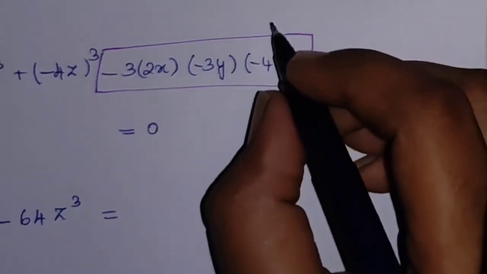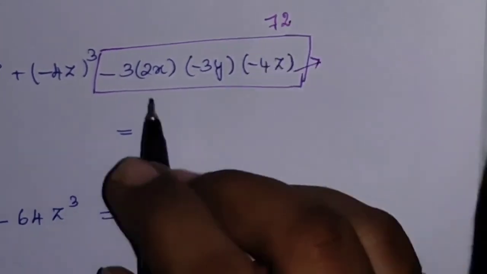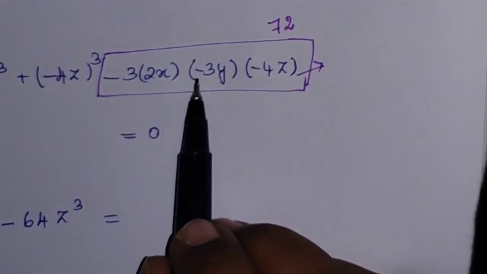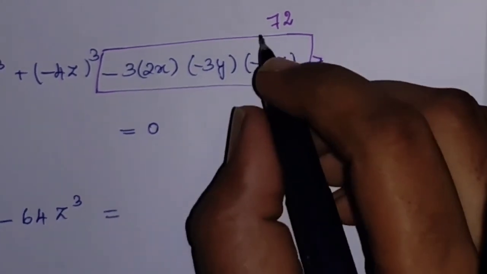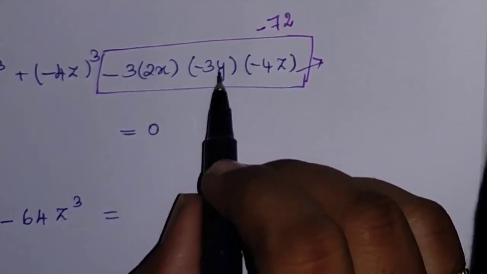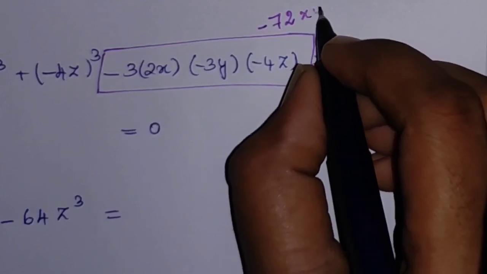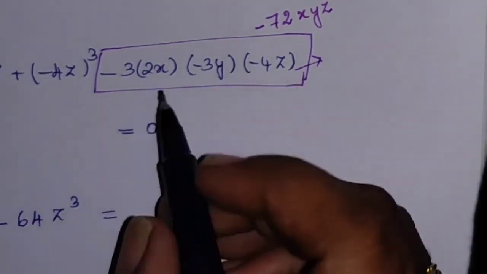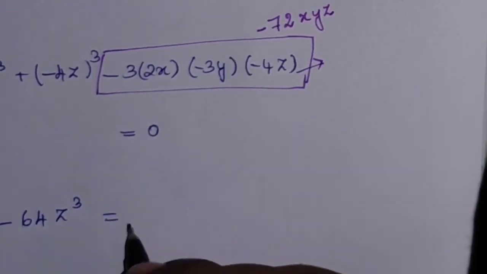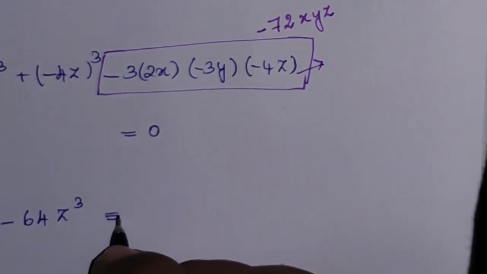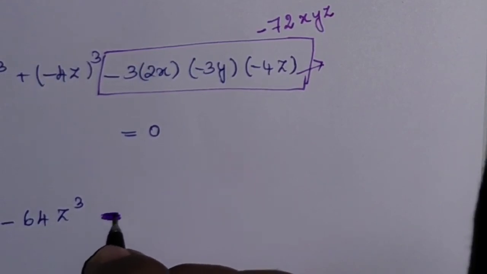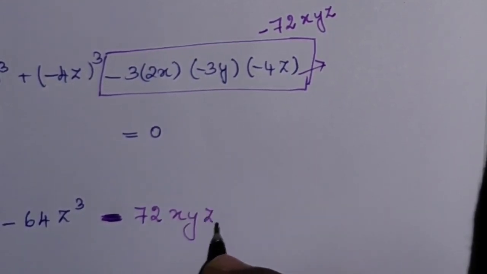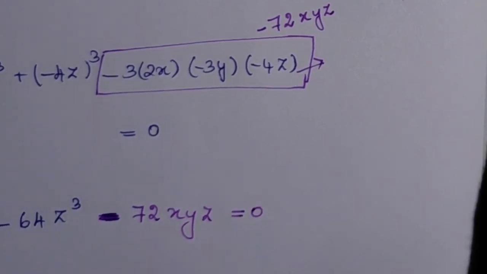Right, first multiply all the numbers, then the sign: minus into minus is plus, plus into minus is minus, so minus 72xyz is equal to 0.